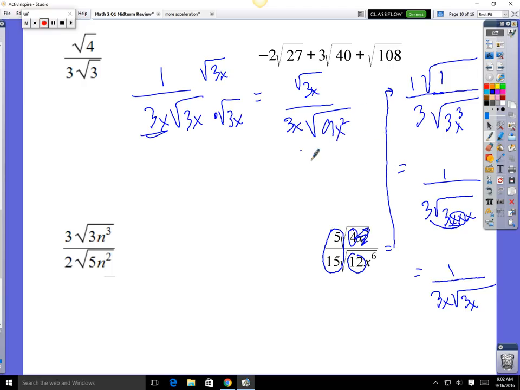And that is a perfect square. So this square root is going to come off. On top, you're going to have 3x. On bottom, you're going to have 3x and the square root of 9.